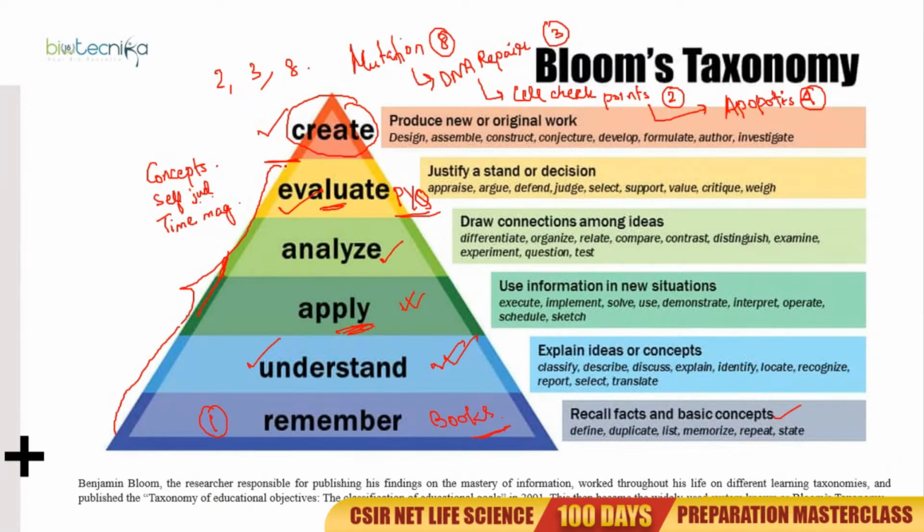So, what can you conclude out of it? That kind of question is also given in your CSIR exam. So you have to connect the concepts, because ultimately that will help you to create a project idea.